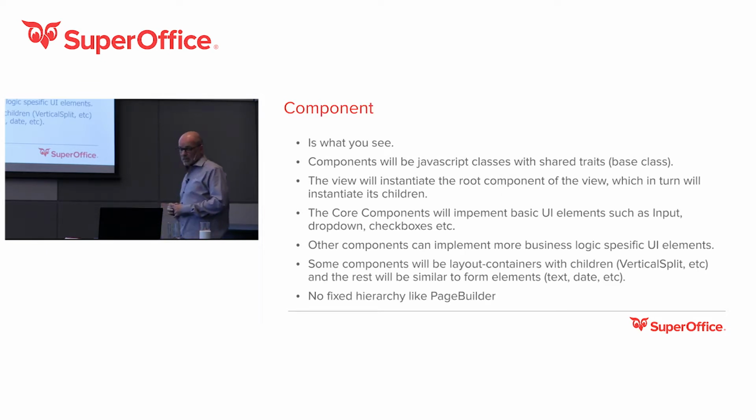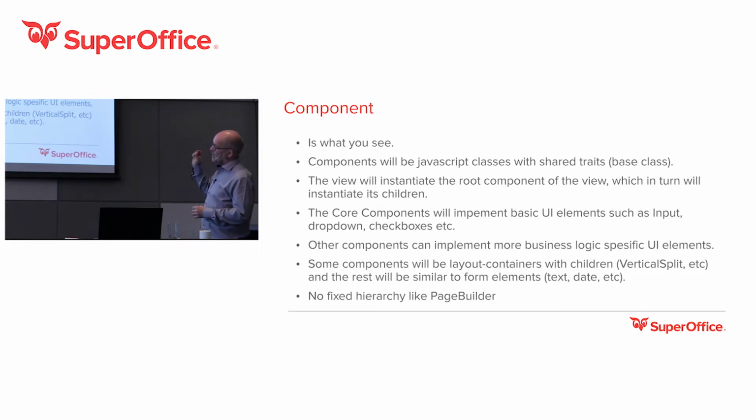So in a view, you have the component. The component is the smallest visual part in SCIL. That's what you see. That's typically the input text, the drop down, the checkbox and stuff like that. All components are derived from a base class that holds a lot of logic.